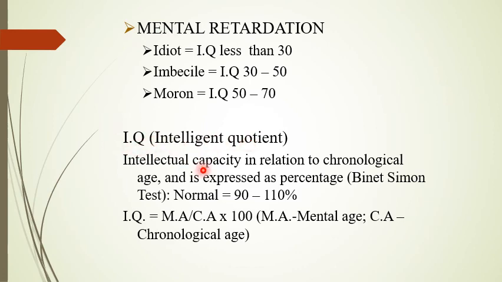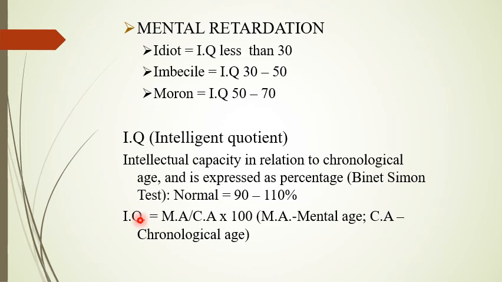The intellectual capacity is estimated in relation to the chronological age, and it is expressed as a percentage, and the normal IQ ranges from 90 to 110. IQ is calculated by the formula mental age divided by chronological age into 100. So MA means mental age and CA means chronological age. Mental age divided by chronological age into 100 gives our intelligent quotient.